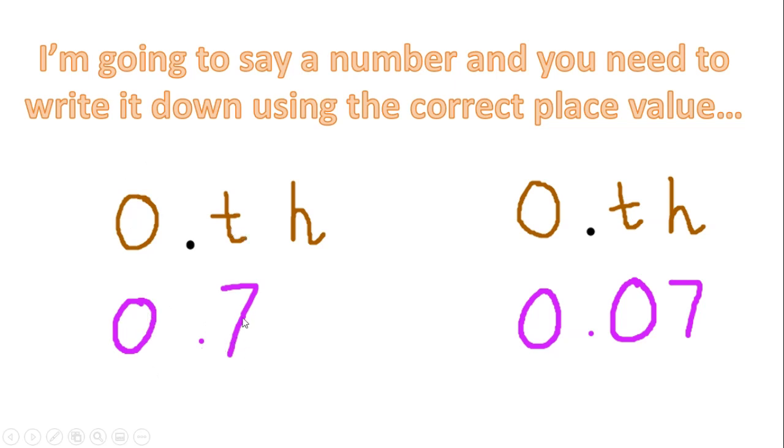The 7 is in the tenths column. 7/100 is 0.07. It's really important that you put your placeholder here. You need to put a 0. If there are no tenths, you need to put 0.